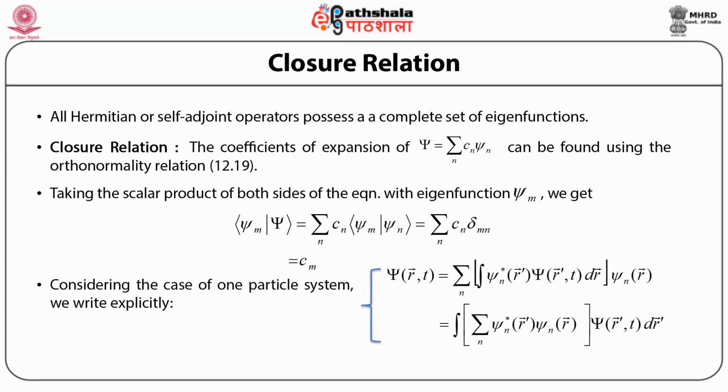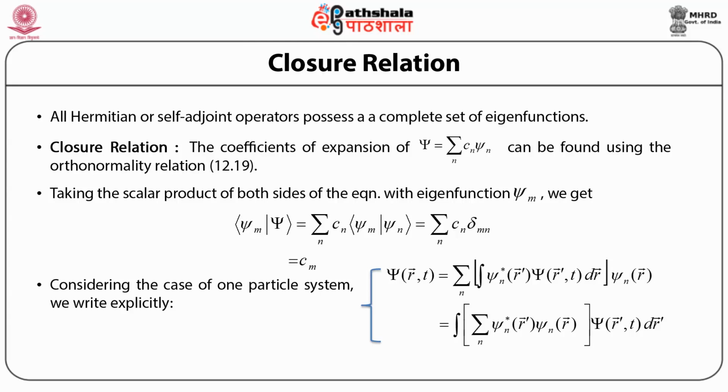Considering the case of a one particle system, we write explicitly ψ(r,t) is equal to the summation over n of, within square brackets, the integral ψ_n star(r) into ψ(r',t) dr, brackets close, into ψ_n(r).